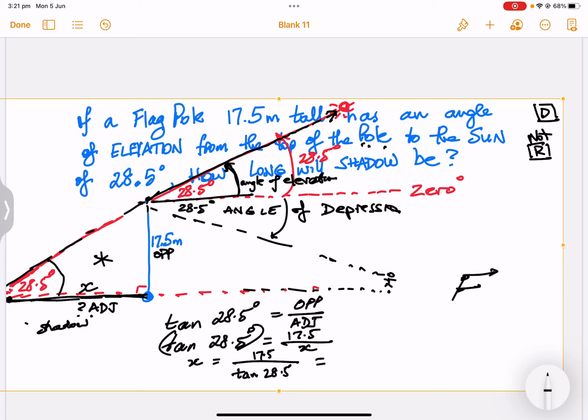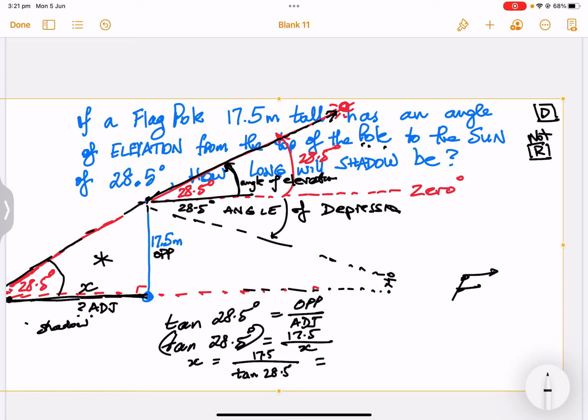Let's close that basic format now. 17.5 divided by tan.